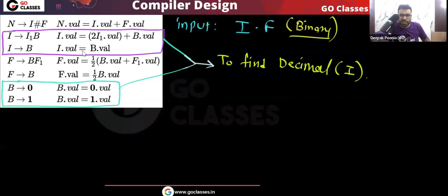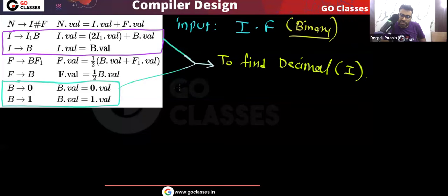Notice, if I give you a single digit in the integer part, like 0, let's assume I is equal to 0, then tell me what will be the decimal. Very simple thing I am asking.